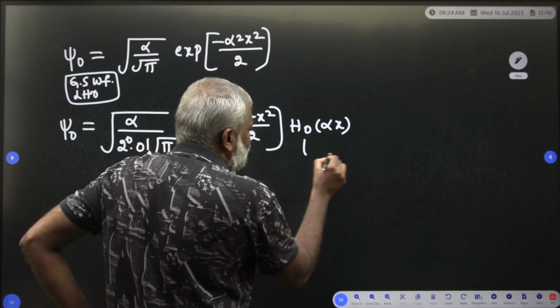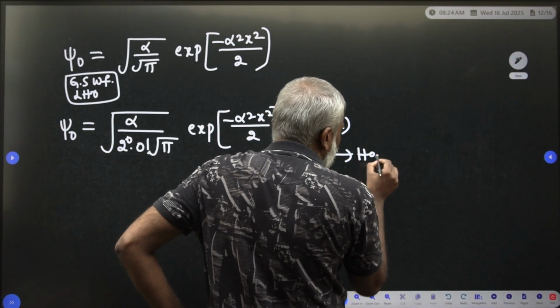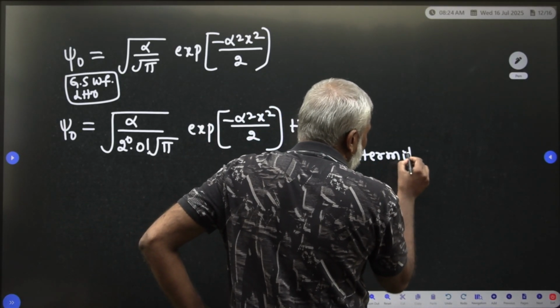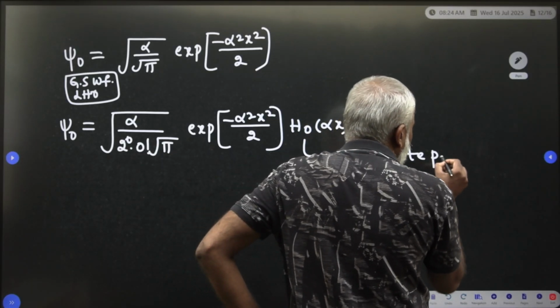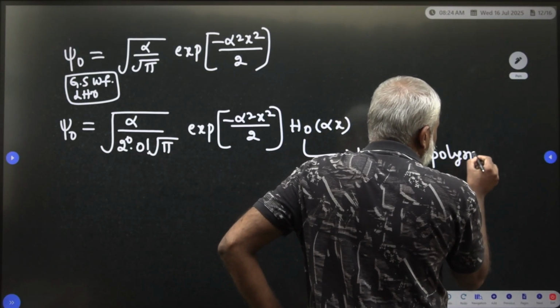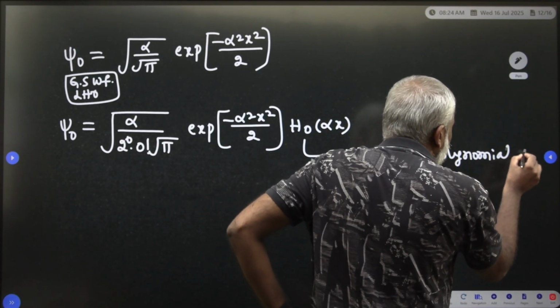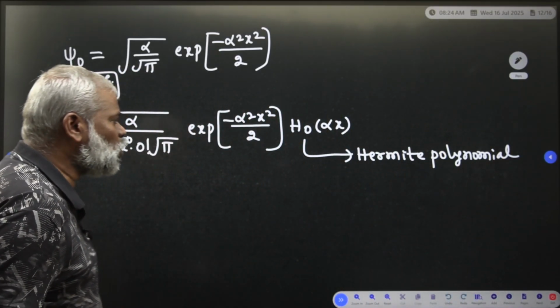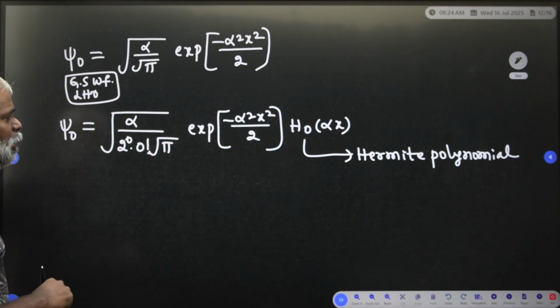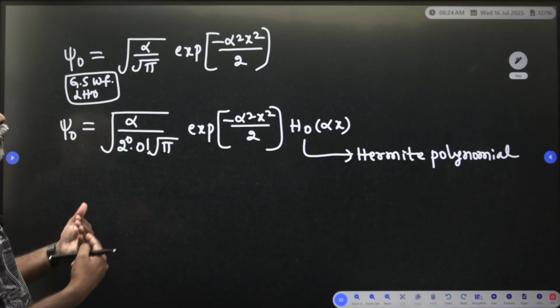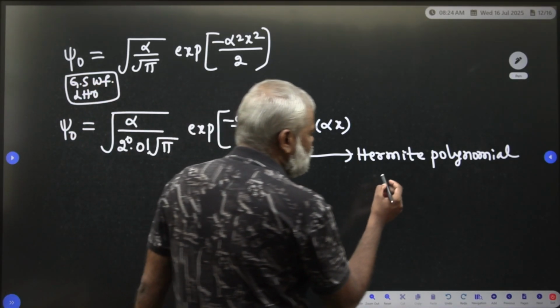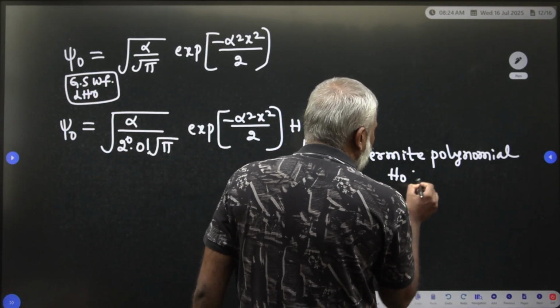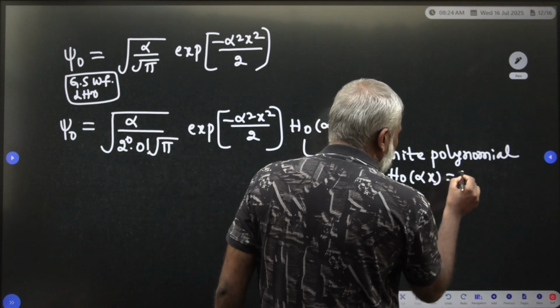This polynomial we call the Hermite polynomial. Already we discussed it in previous classes, and in mathematical methods of physics I also told about the Hermite polynomial. H0 of alpha x is equal to 1.